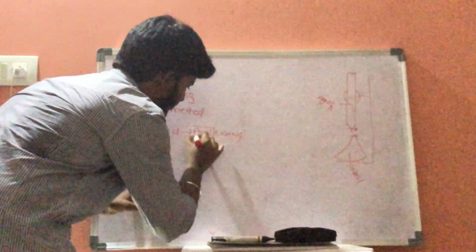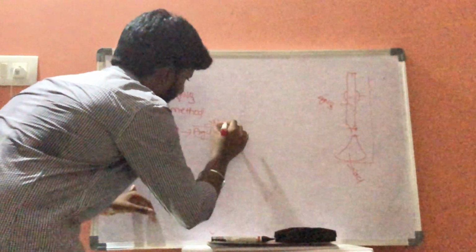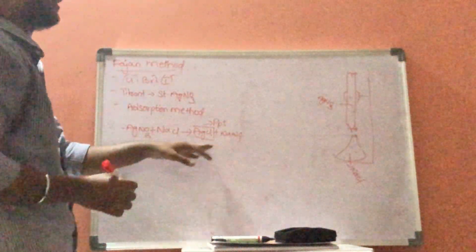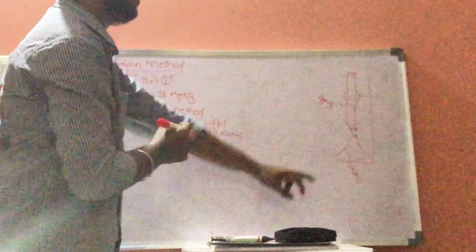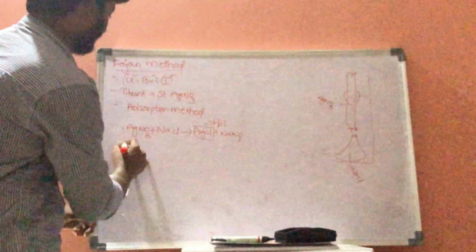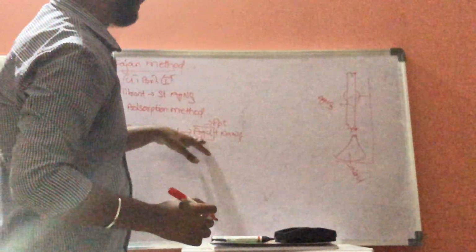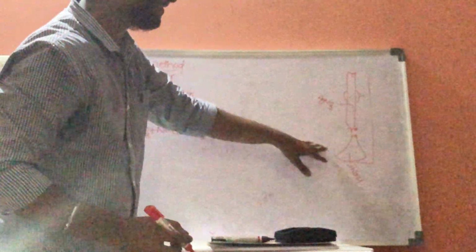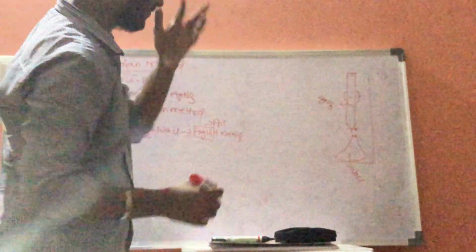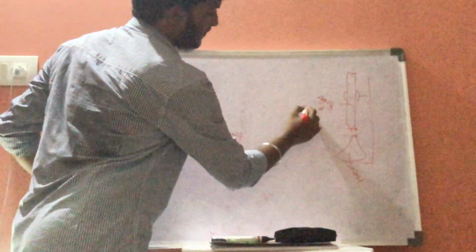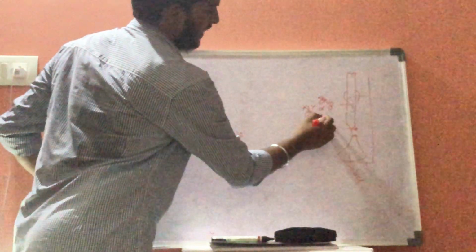The AgCl which is formed is a precipitate. After the formation of the precipitate, some more AgNO3 will be added into the NaCl.